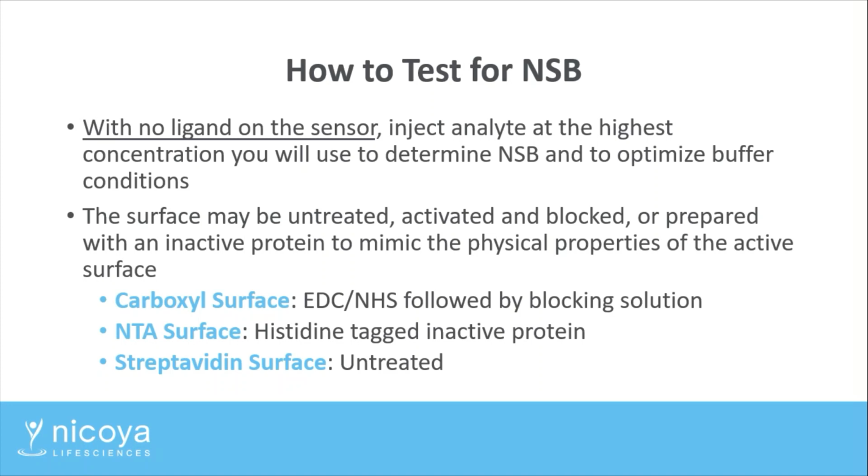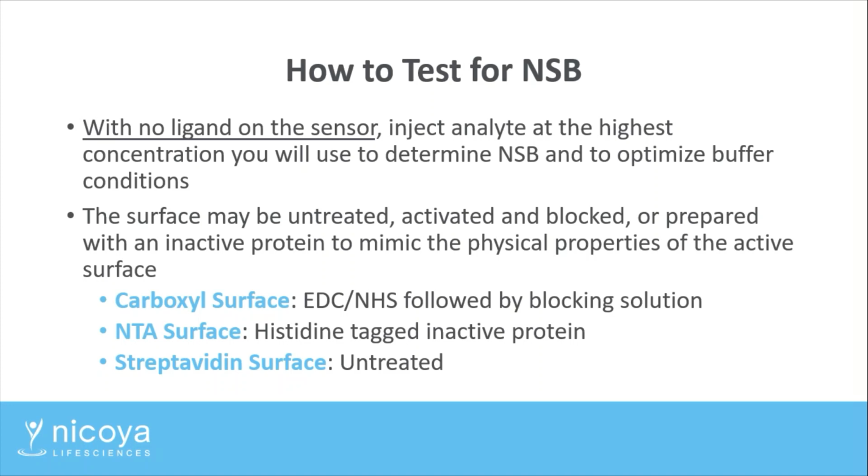Whereas for your NTA surface, you're going to want to block that surface by immobilizing a histidine tag protein that would be considered inactive, or won't bind to your analyte, so that you can mimic the physical properties of your active protein. And if you're using a streptavidin surface, this can be left untreated, as the streptavidin itself will act as a blocker on the surface.